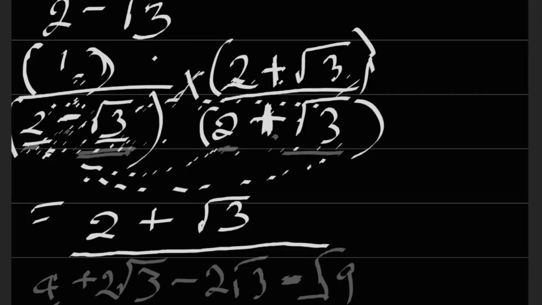So we're expanding this. So 2 times 2 is 4. 2 times root 3 is plus 2 root 3. Minus root 3, that's the second one, times 2 is minus 2 root 3. And minus root 3 times plus root 3 is plus root 9.